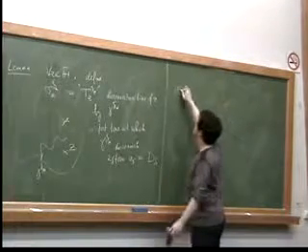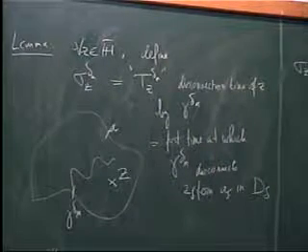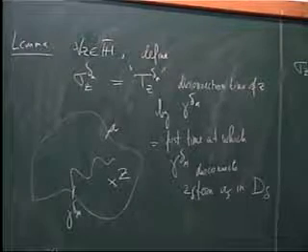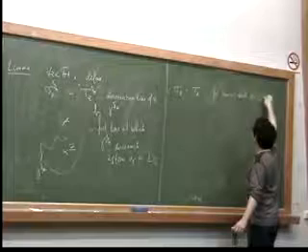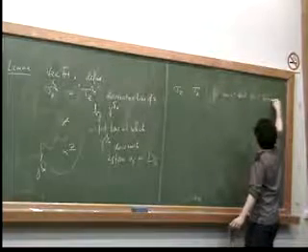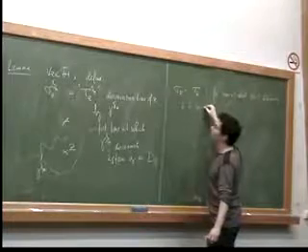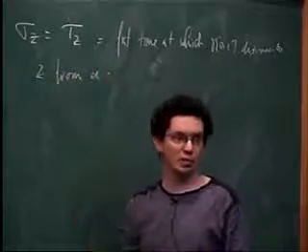And define sigma of z, which is t of z, as the first time at which gamma up to time t disconnects z from A.